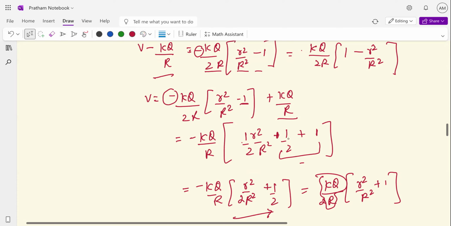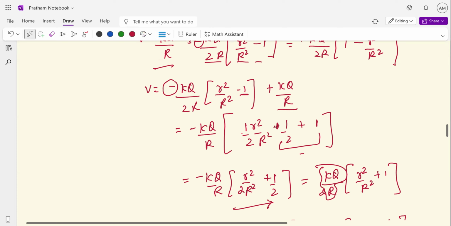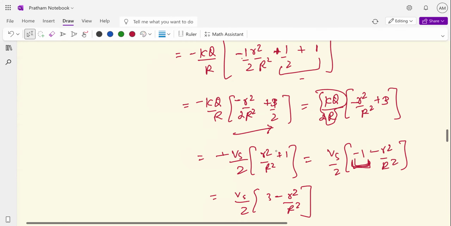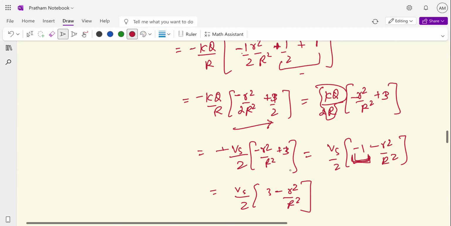If this becomes positive and this becomes negative, it will become negative. Finally, this will be half plus 1, it will become 3 by 2, and this is 3 by 2 negative. Okay, here negative 3 by 2, and I can remove this part. Any doubt? It's fine now. So things have been cleared, but just one sign convention problem was there, which we ignored earlier.